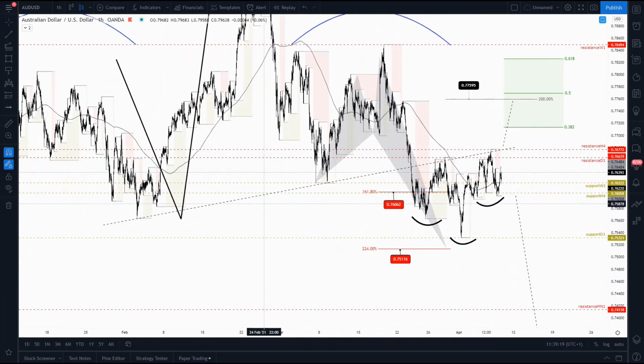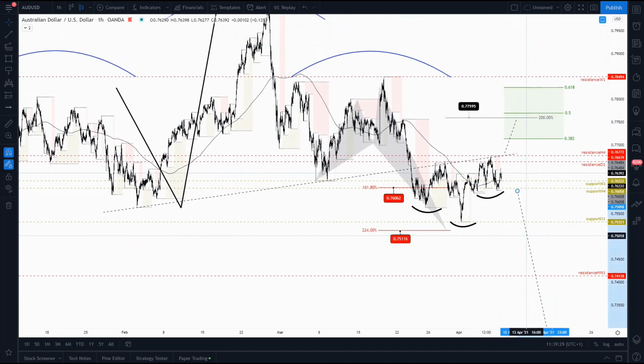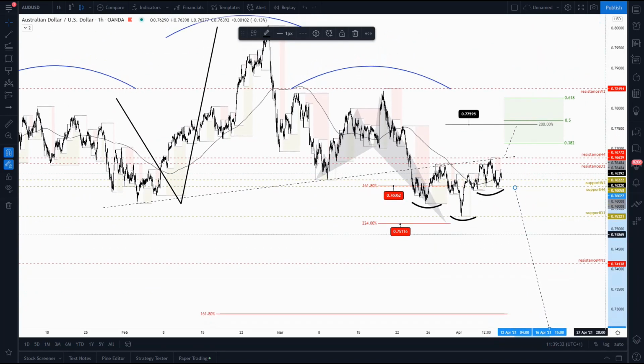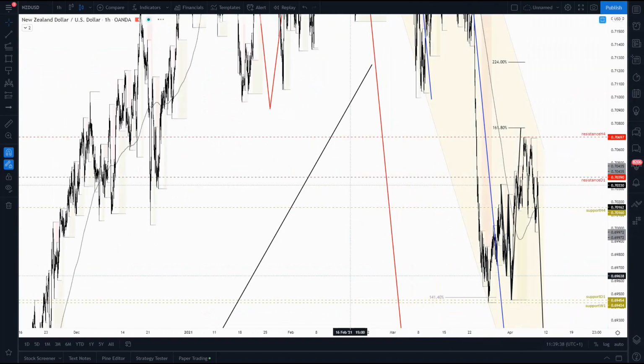So I will not be surprised to see the price recovering and trading these highs again, which may invalidate the potential of more downside momentum for the Australian dollar.